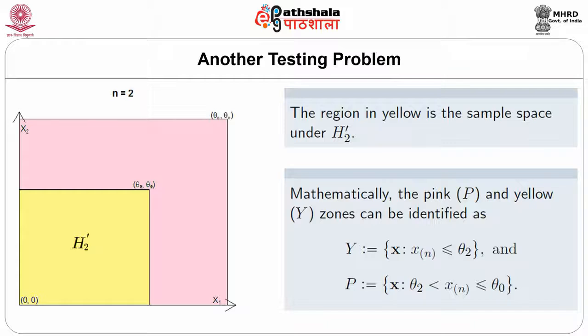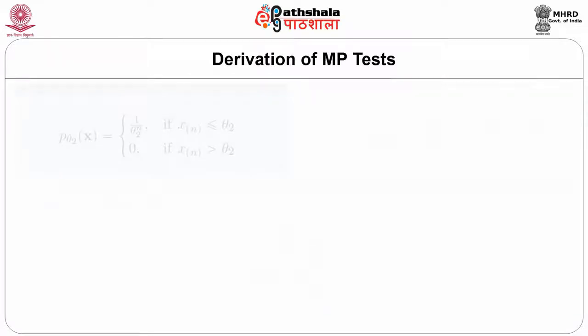So, yellow union pink, the big square, is the sample space under the null hypothesis theta = theta naught. Now, we want to derive the most powerful test for this problem.